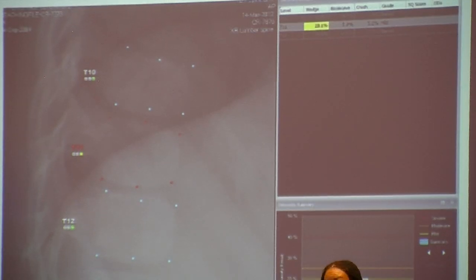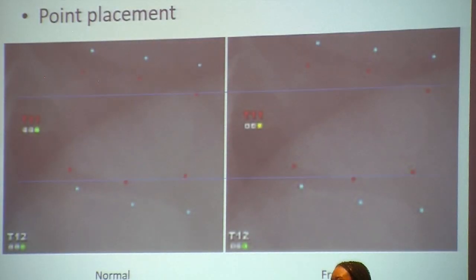This is the same image, and we've just moved the red dot at the front top corner, and now it has a fracture. If I put them side by side and draw this line for you, if you look at the top line, we've really only moved this red dot down by about 1 millimeter. And that 1 millimeter move is the difference between there being a fracture or not a fracture.